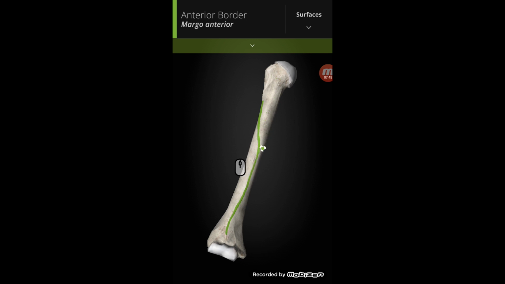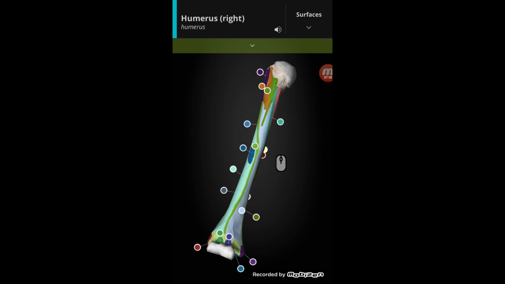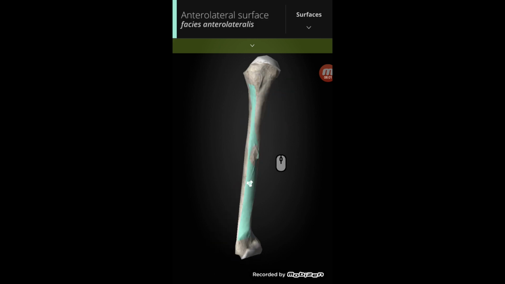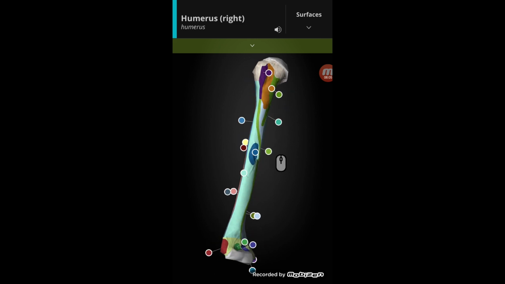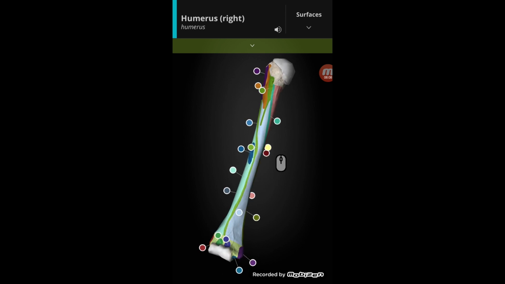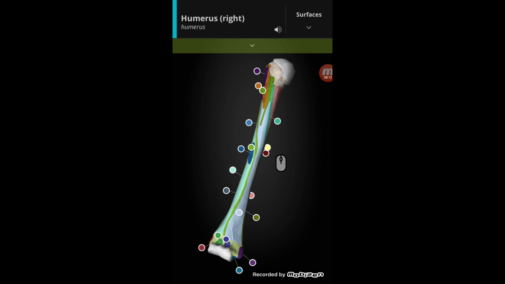Because it is towards the lateral part, it will be the anterolateral surface. So you can see the green one, this is the anterior border, and this is the anterolateral surface and the anteromedial surface. Hope you get it.